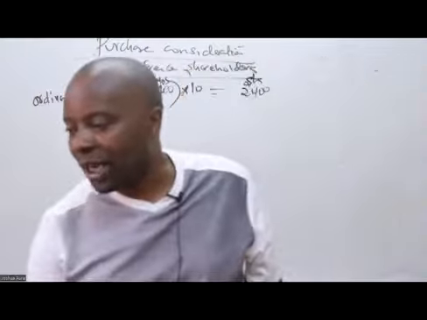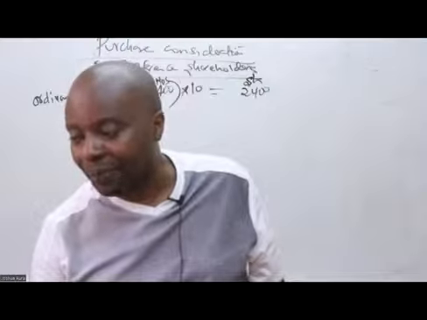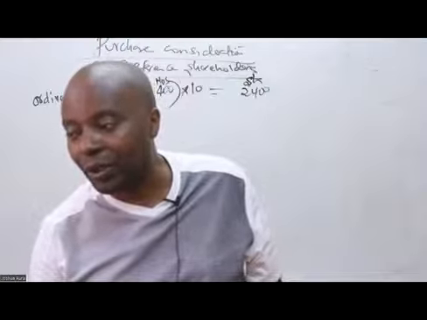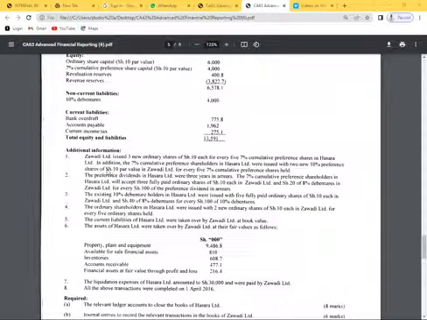Now from there, we continue reading. Still we are on these preference shareholders. So we are told here in addition, the 7% cumulative shareholders in Hasara Limited were issued with 2 new 10% preference shares of shillings 10 par value in Zawadi Limited for every 5.